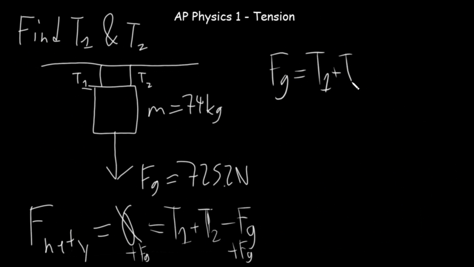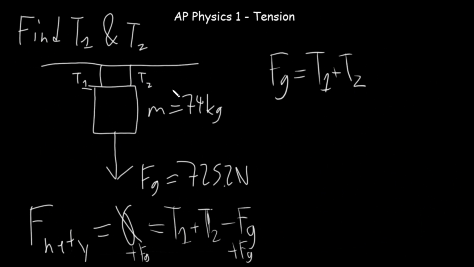Fg is equal to the first tension plus the second tension. Now you might be a little confused here, but the thing that you need to realize first is that the length of the rope of tension 1 is the same length as the rope of tension 2.